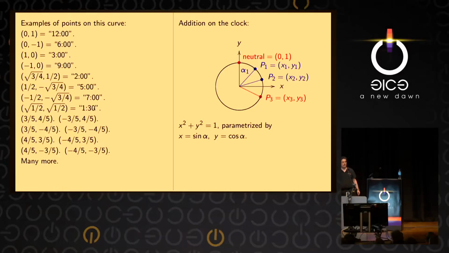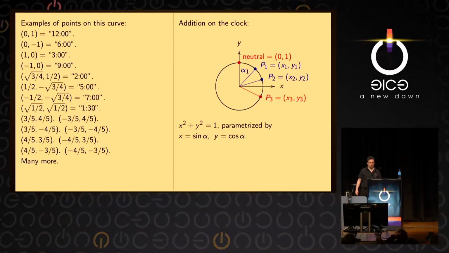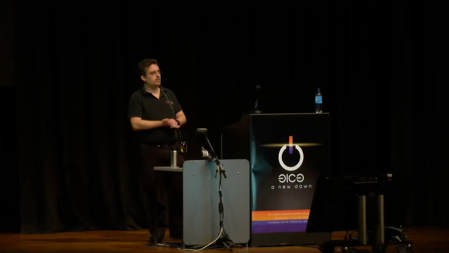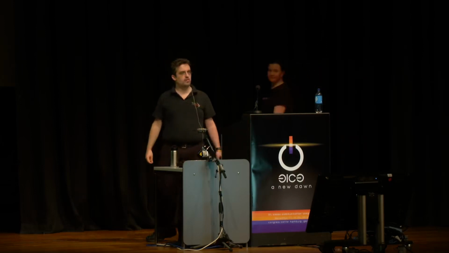And here comes the really horrendous math part, which fortunately we're going to throw away in a moment, which is trigonometry. So if you want to do the point on the clock, which has an angle of alpha, a time of alpha, starting from 12 o'clock, then that point is x equals sine of alpha, y equals cosine alpha.